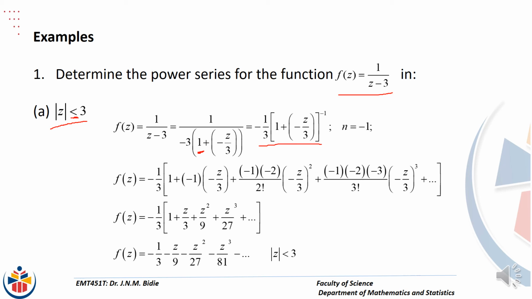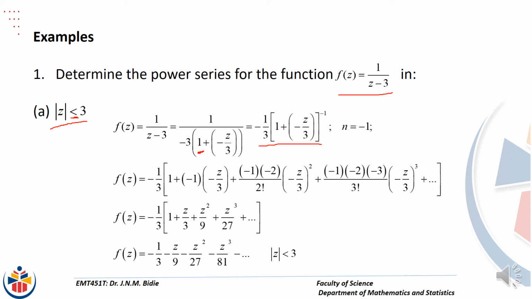The first term in the binomial series is 1 plus n times the z term. n is -1. The z term for our function is -z over 3, plus the next term, -1, -2 in the numerator, divided by 2 factorial, and then we'll have -z over 3 all squared.